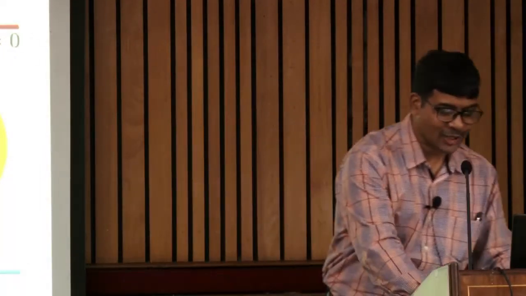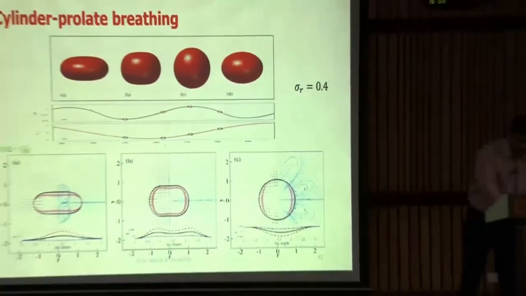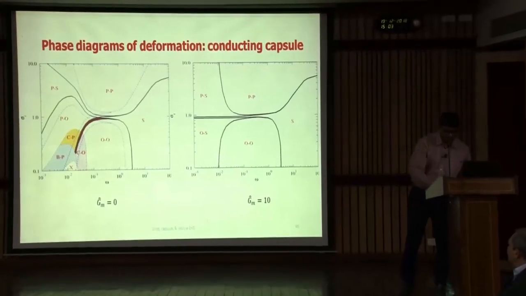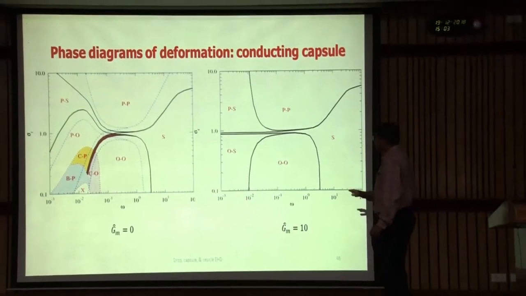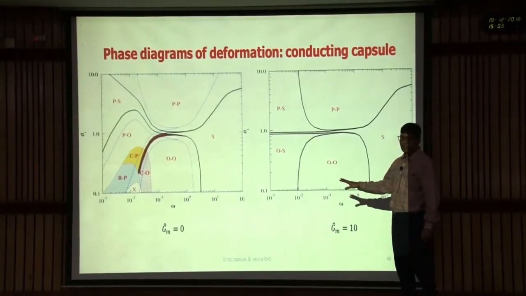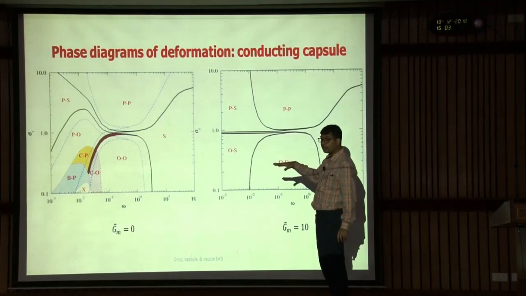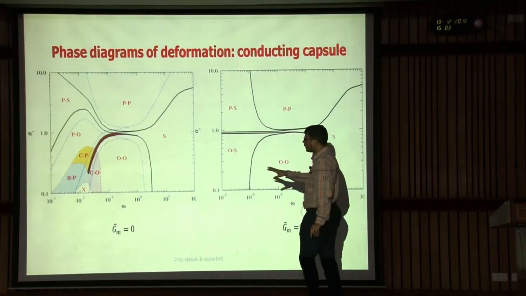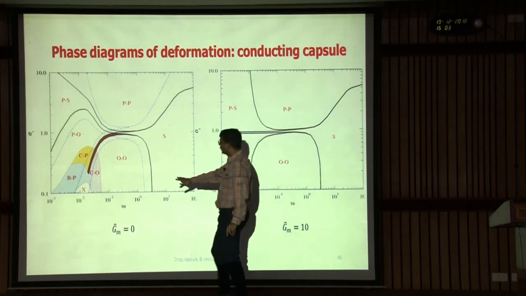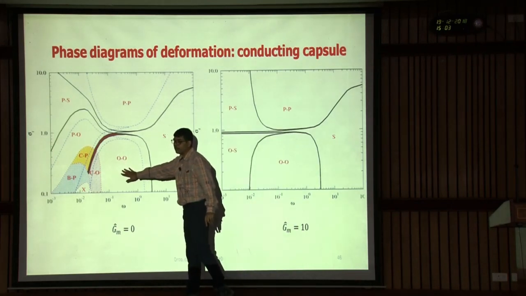If you allow, Devang, just one thing. This is for AC fields, which I couldn't show results for. There are significant results here. This is deformation versus frequency for inner medium more conducting or outer medium more conducting. You get very complex phase diagrams. This is kind of oblate oscillations of a vesicle.